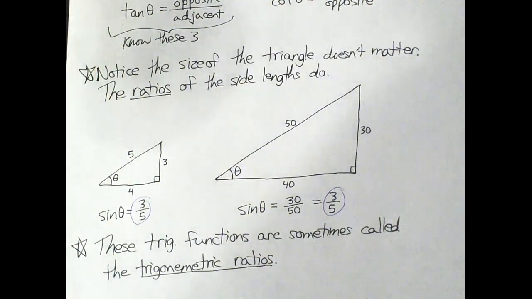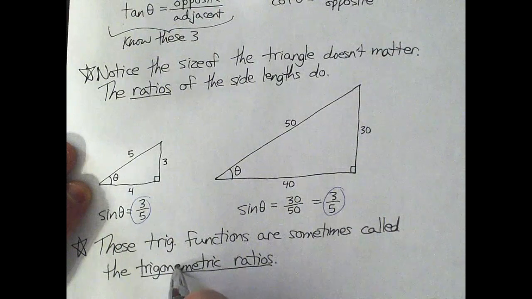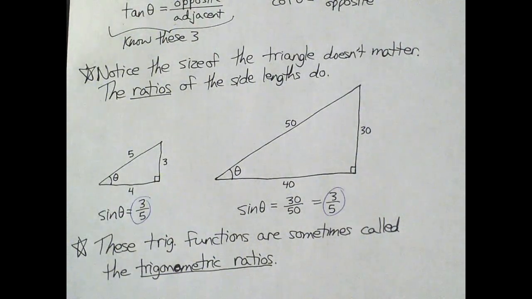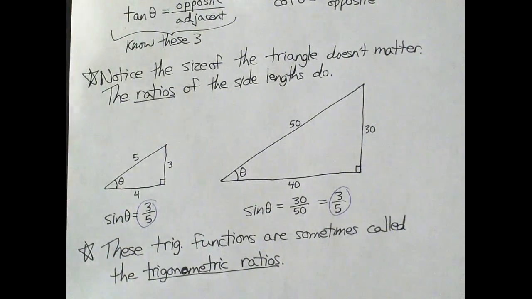It's the same sine, cosine, tangent that we talked about in previous lessons, but we're looking at it from a different perspective. We're looking at it from a different view.